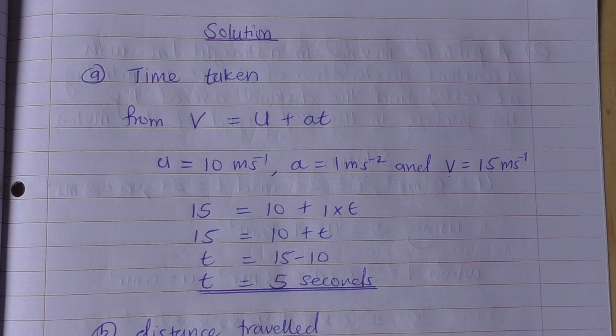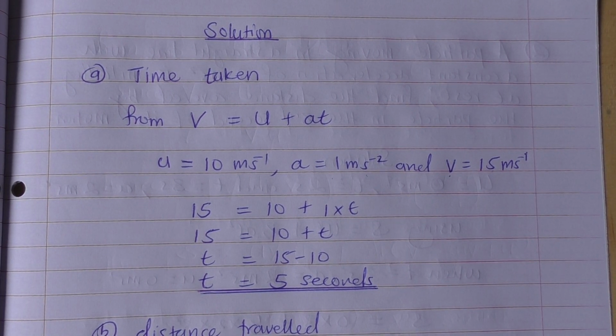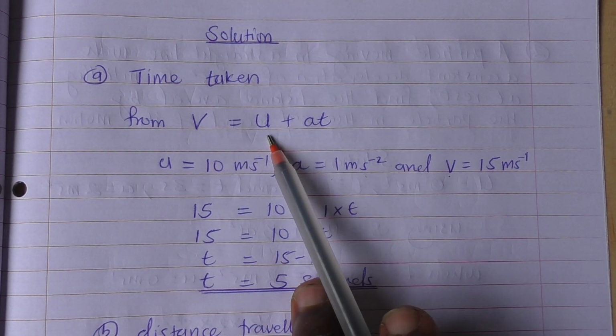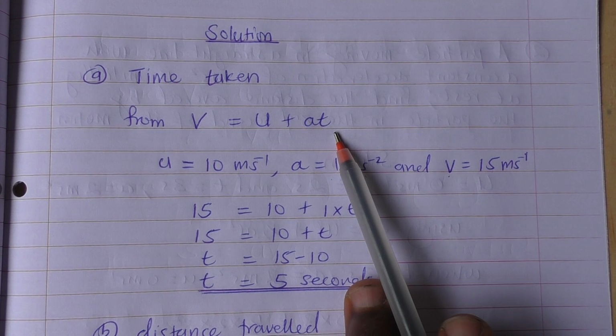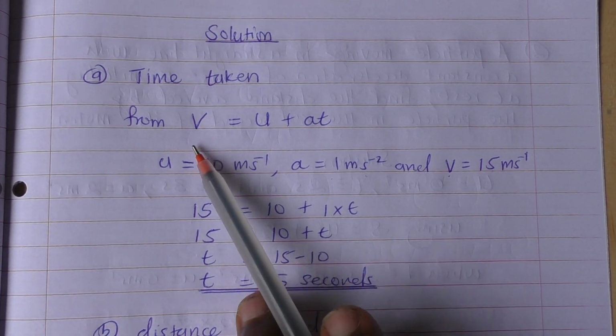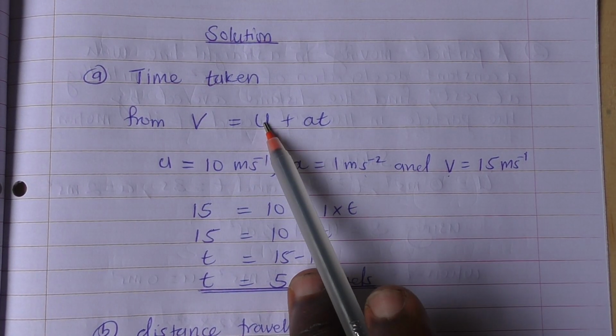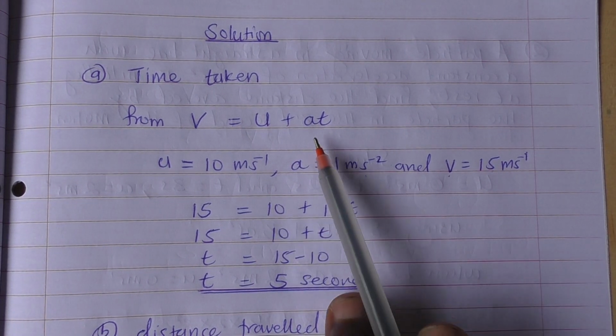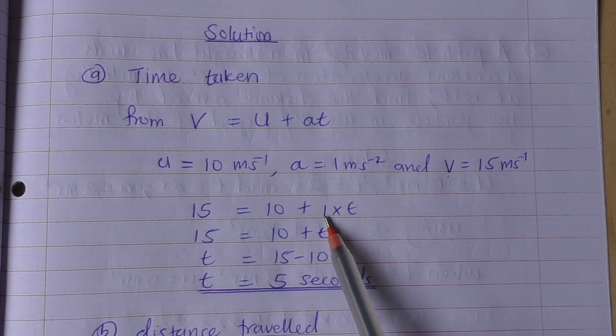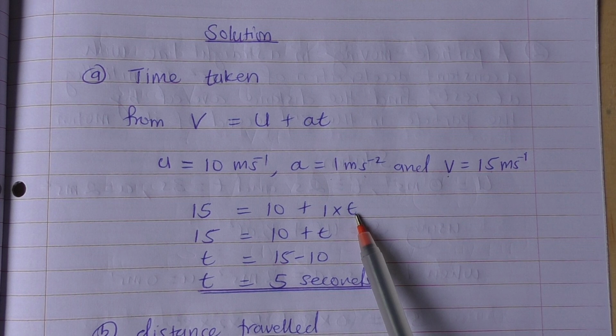So if we look at all the three equations, time can easily be derived using the first equation. That is to say, v equals u plus at. We have v as 15, we have u as 10, we have acceleration as 1, therefore we can get time.